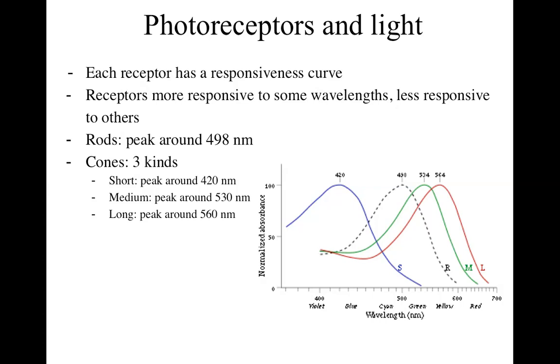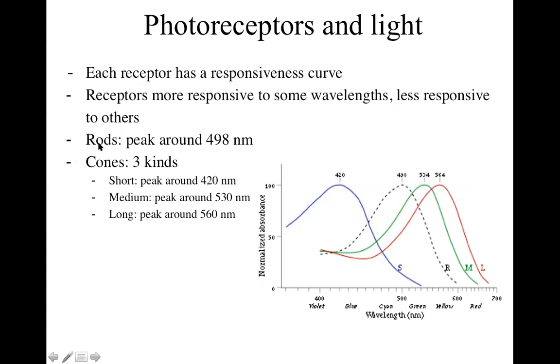For cones, the sensitive cells responsible for color vision, you have three types. Short cones have a peak around 420 nanometers, which corresponds to the color blue. Medium cones have a peak around green, 530, and then you have long cones, which have a peak around 560, which is around red.